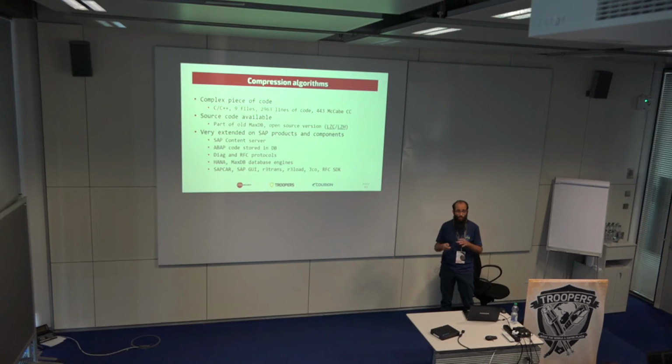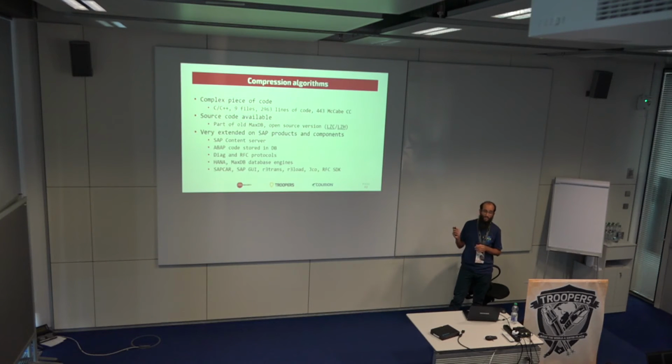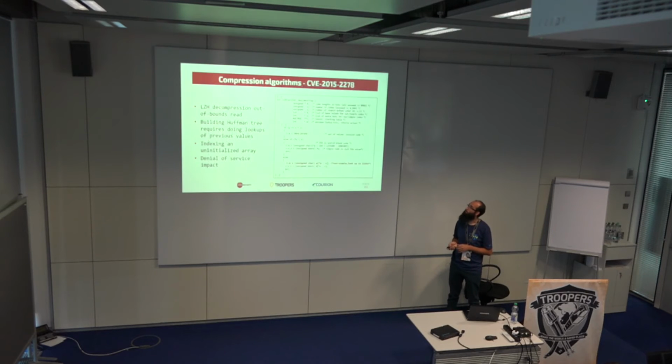There are a lot of different components and programs that use the same implementation of these algorithms. So if you find something there, you will probably have a lot of different attack vectors that you can exploit. This is really interesting and was the main thing that I started looking at.